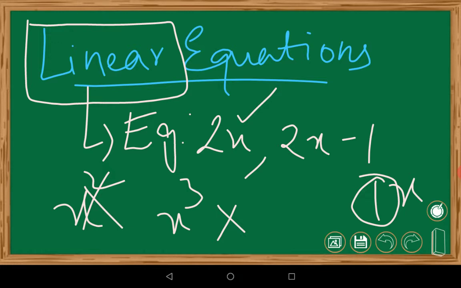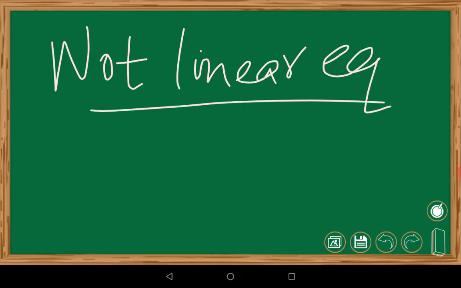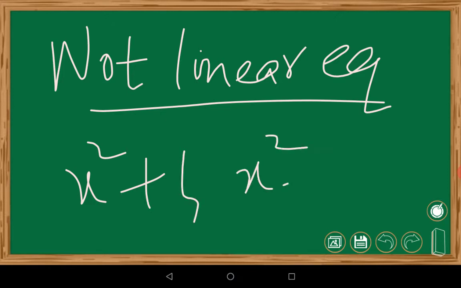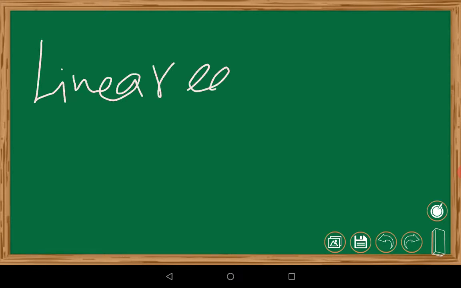So let's continue. Which are not linear equations? That we also have to study now. Examples are x square plus 1 and x square minus 1. These are not linear equations. Hope it was clear. Now, here we have the title linear equations in one variable.